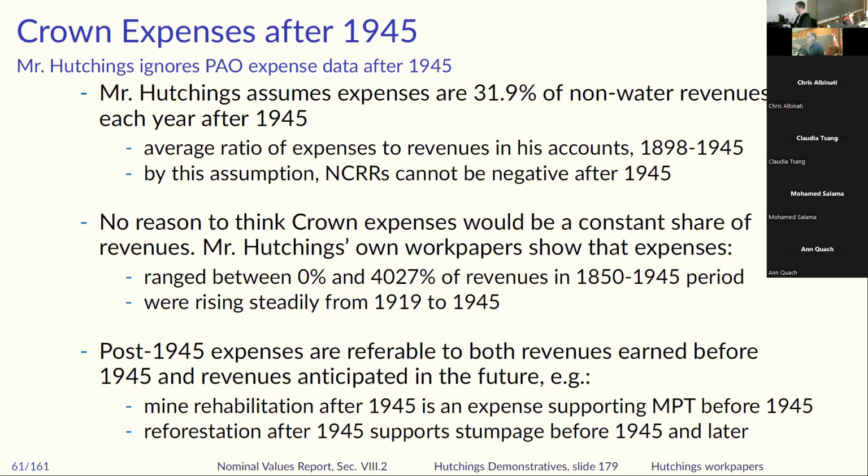In this case, I think the main point is that we would not expect expenses to rise in tandem with revenues post 1945 because of these linkages. The revenues before 1945 might be relevant for what we think of as appropriate expenses after 1945, and vice versa, because of these cross-temporal linkages that we talked about.